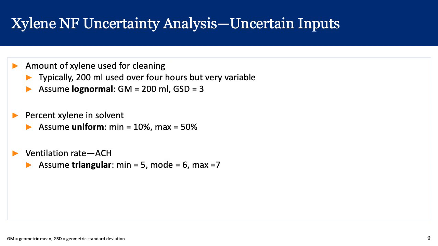The percent xylene in the solvent can be described by a uniform distribution with a minimum of 10% and a maximum of 50%. Previously, if you remember, we had used 25% as the chosen value. The ventilation rate we'll assume is described by a triangular distribution with a minimum of 5, a maximum of 7, and a mode of 6 air changes per hour.